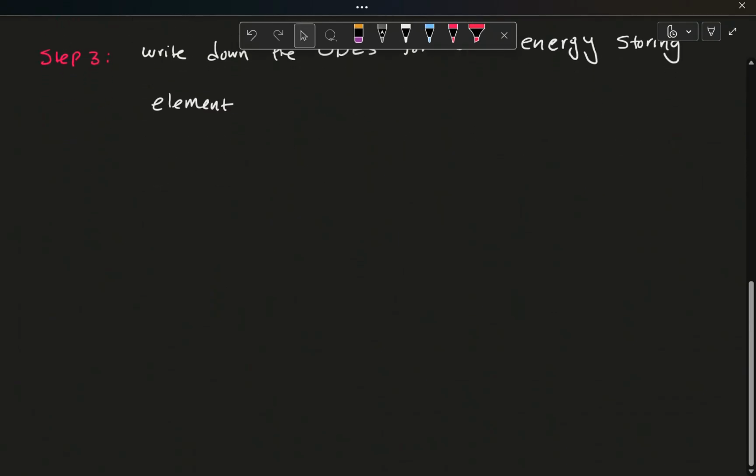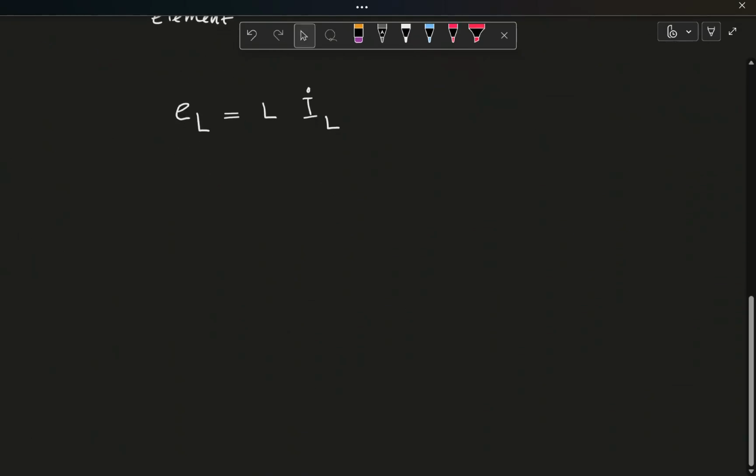Again, if you remember, I have two energy storing elements. Yes, my inductor and my capacitor. Let's go ahead and write down the equation first for the inductor. EL equals L I dot L. And for the capacitor, if you remember, the equation for the capacitor was C E dot C equals IC.